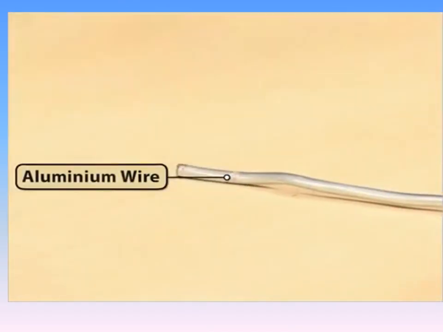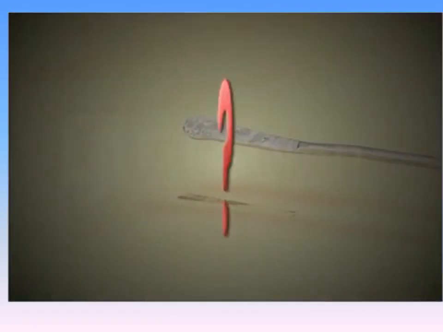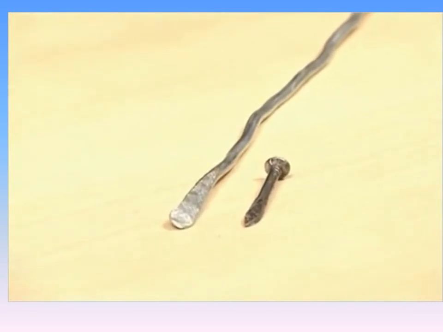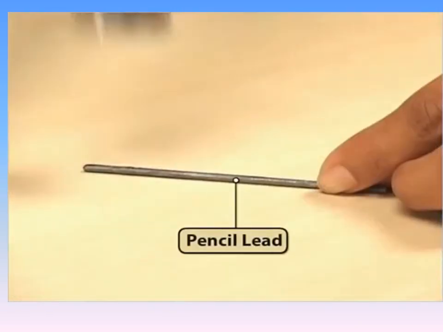Now hit the aluminium wire hard. This time also take care of your hand. What do you see? Is there any change in the shape of the nail and wire? You can see that the shape of the iron nail and the aluminium wire changed on beating. When they are beaten harder, the iron nail and the aluminium wire take the shape of thin sheets or they are flattened. Now hit hard the gold piece and pencil lead with the hammer.